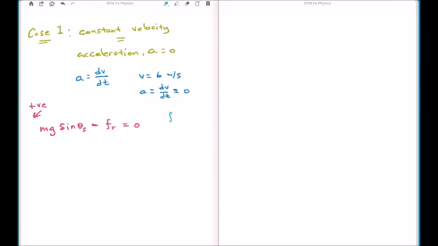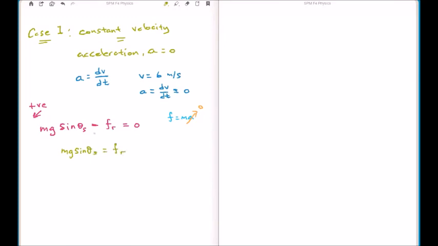Right? Newton's law, ma. So when acceleration is equal to 0, the overall force is equal to 0. Therefore, my mg sin theta, you need to get used to these unknowns.